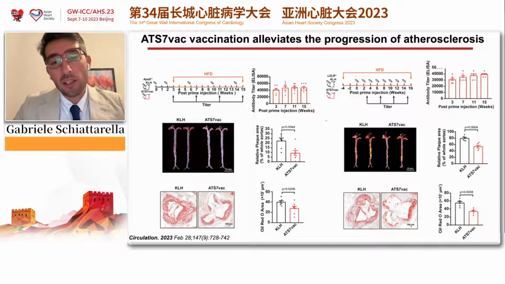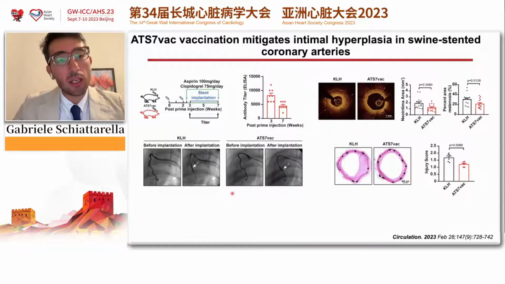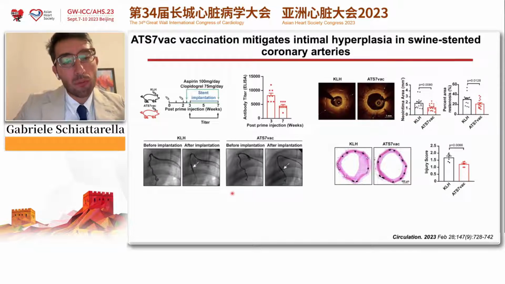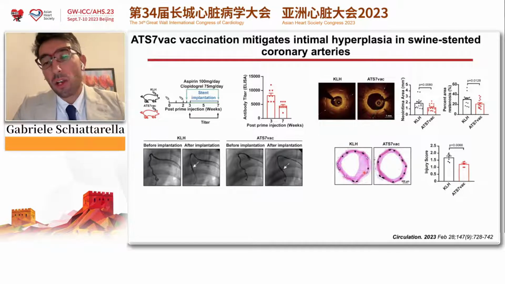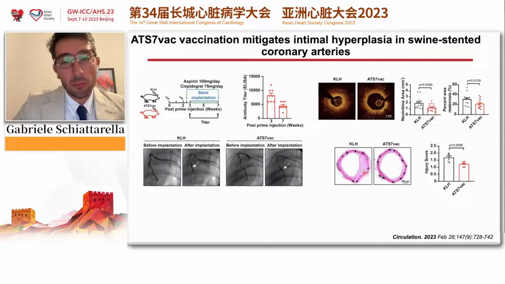And the characteristic we try to have for basic Circulation papers is the use of large animal models. So in this case, these investigators applied these peptides, this vaccine, to a pig model of coronary restenosis. You can see the stent that they placed in the coronary here, and in the presence of the vaccine, the reduction of neointimal formation after stent implantation.